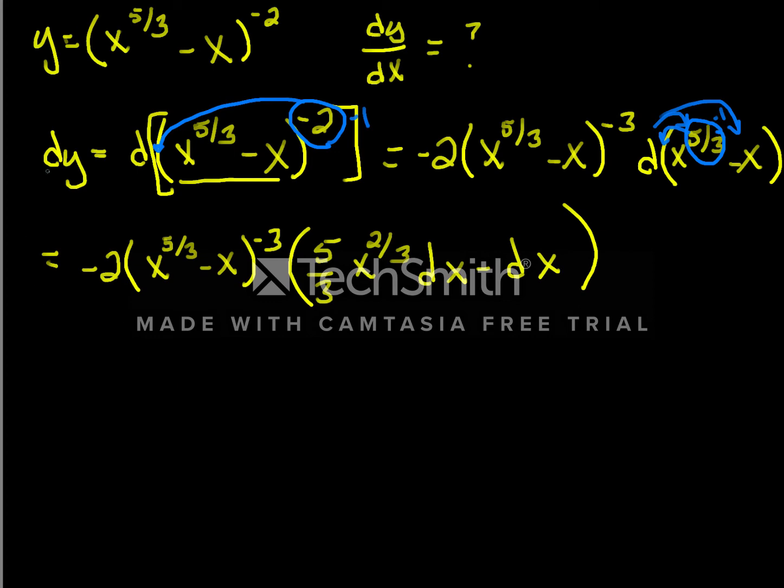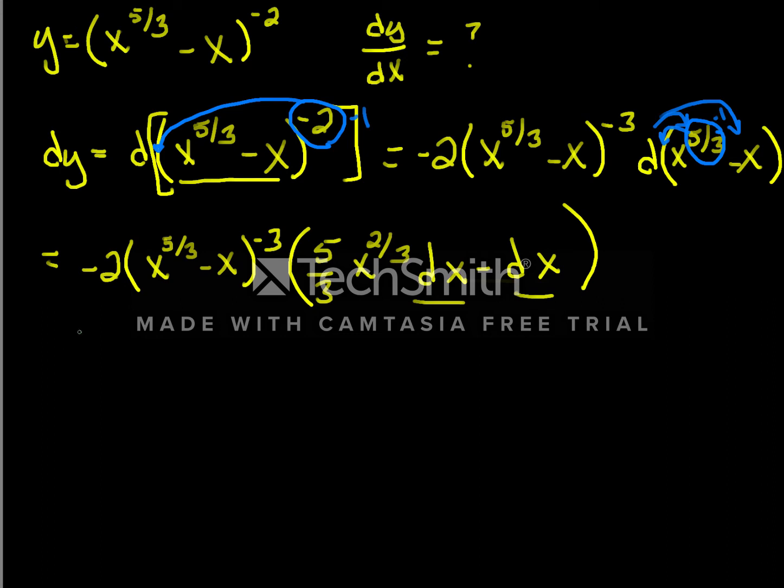So now that I've got the differential of y, it's this whole mess. I've got my dx's, I'm done. And so for dy/dx, I simply divide through by dx, which will cancel these two dx's.